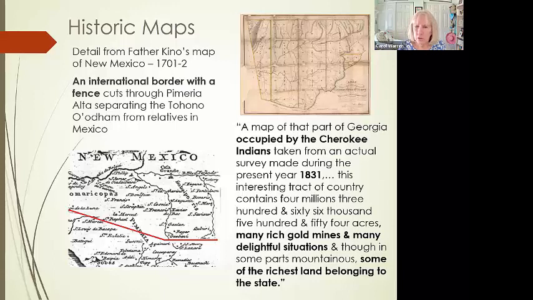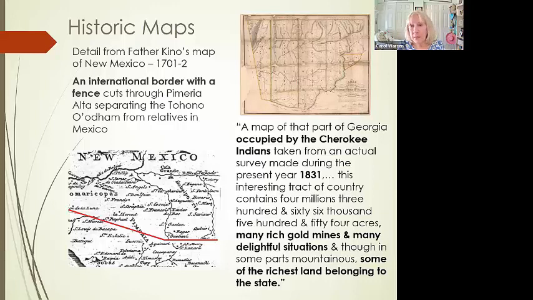This is Spanish New Mexico, which is present-day southern Arizona. In red, you see the current international border since 1854, which divided the Tohono O'odham tribe. At first, it was a porous border, and they could easily move back and forth for celebrations and ceremonies.